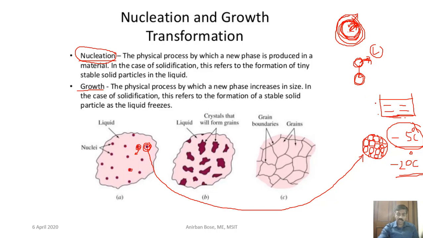Now the question is whether all the positions in that liquid have the same probability of forming nucleation or not. If all the points in the container, that means all the points in the phase, in this case the liquid, have the same probability of forming nucleation, then that kind of nucleation is called homogeneous nucleation.